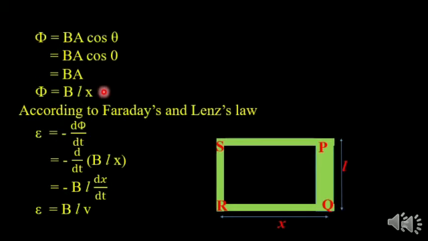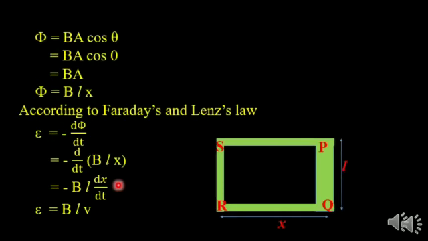According to Faraday's and Lenz's law, this induced EMF epsilon equals minus d phi by dt. After placing the expression of phi, epsilon equals minus d by dt of BLx. Since external magnetic field is uniform and length of the conductor is fixed during the motion, epsilon equals minus BL into dx by dt.